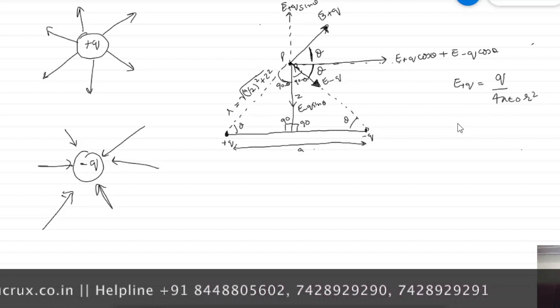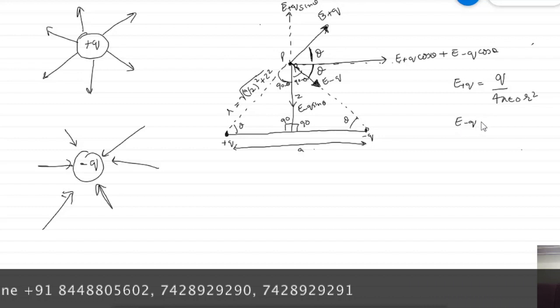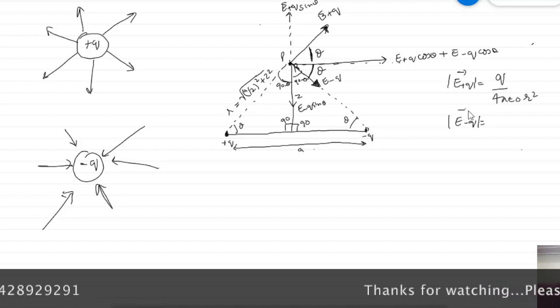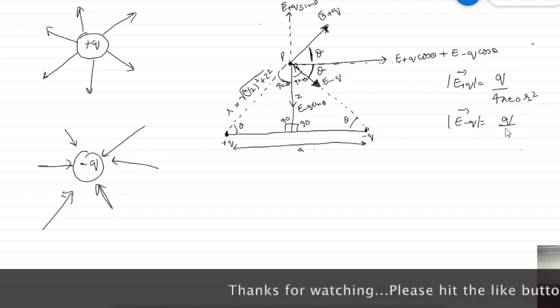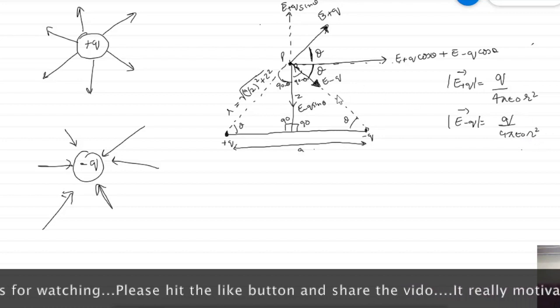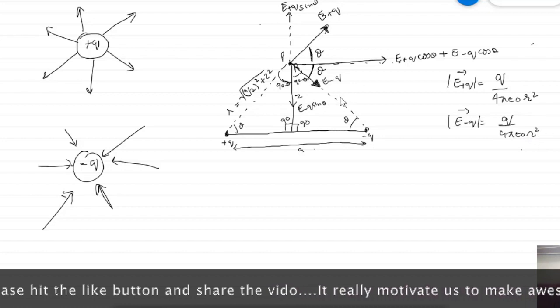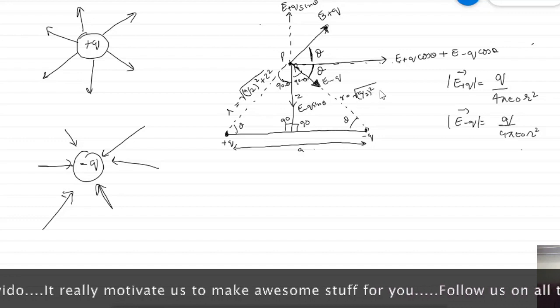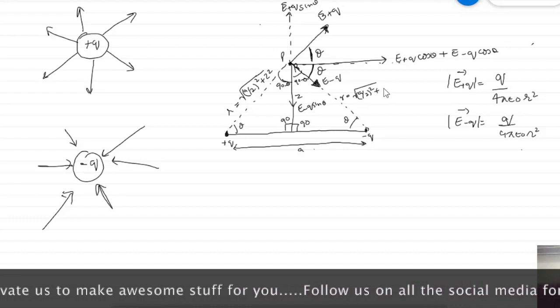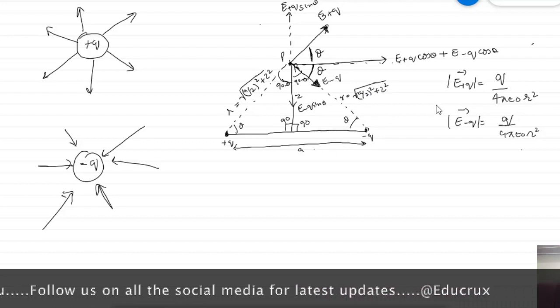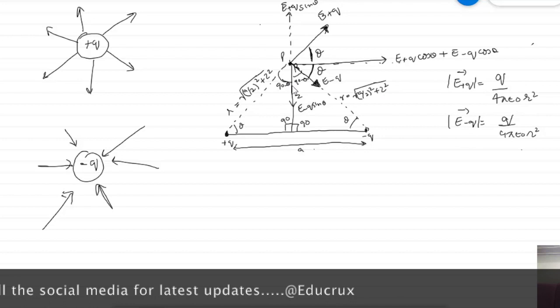Okay, and similarly for E minus Q, my field is Q upon 4 pi epsilon naught R squared, since this distance will also be equal to R, equal to a by 2 whole squared plus z squared. Okay, so as I can see, the vertical components are equal and opposite.